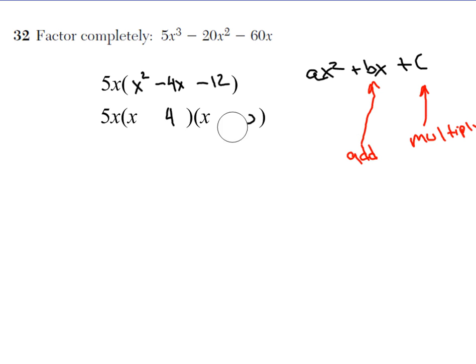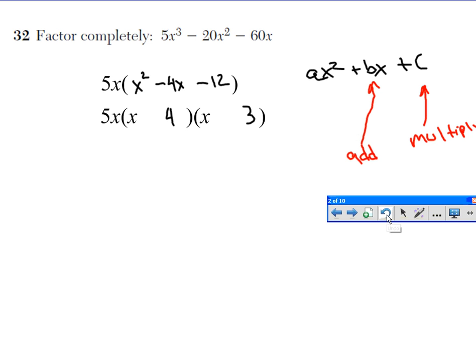Or let's say you made this one negative and this one positive. Even though it multiplies to negative 12, it doesn't add up to negative 4. So 4 and 3 doesn't work.